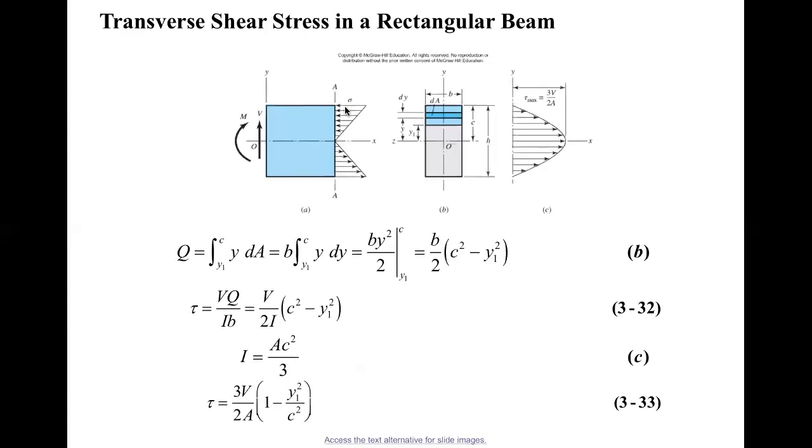But if you look at the normal stress, the bending stress, at the neutral axis it is 0, and on the surface, normal stress is maximum, in the opposite way. So this is very interesting. On the surface, we have maximum bending stress and 0 shear stress. On the neutral axis, we have 0 normal stress, but the maximum shear stress. Particularly for a rectangular beam, we can find tau maximum equals 3V over 2A. Again, V is the shear load, A is the cross-section area of this rectangular beam.